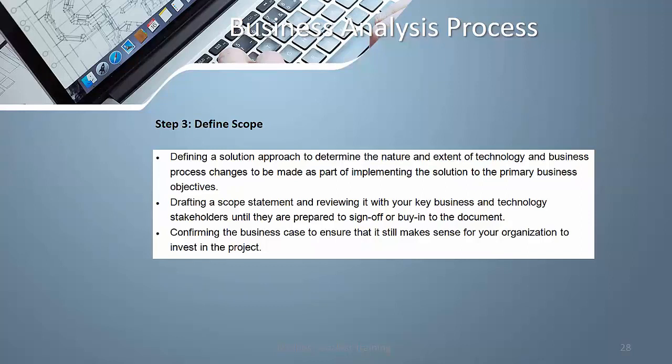Right? So you talk to your stakeholders, and you come up with the scope document. In the scope document, you will say there will be an application that will be filled by the customer, and this application will be handled by bank employees.